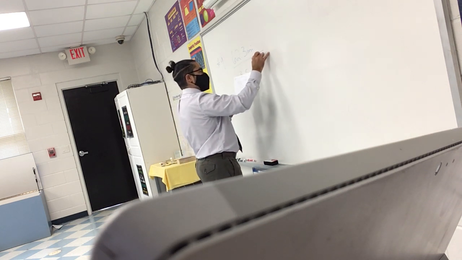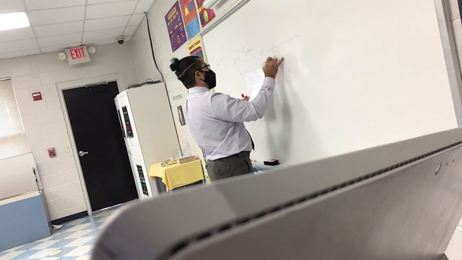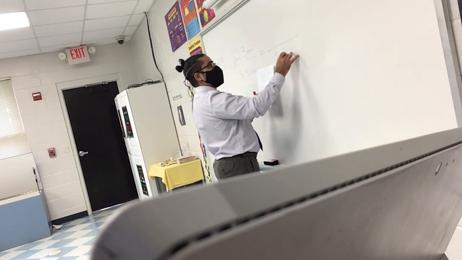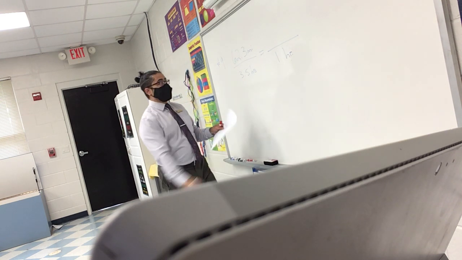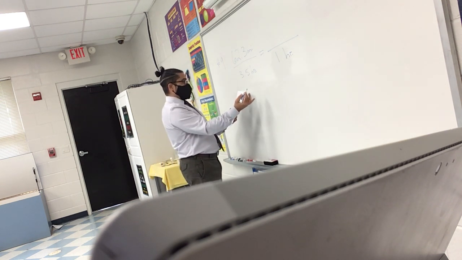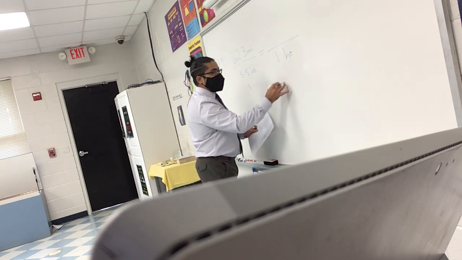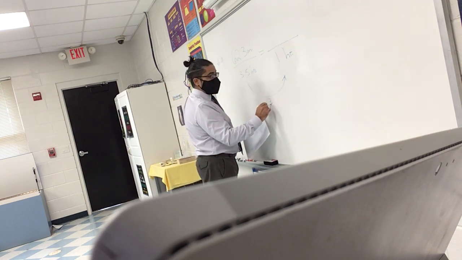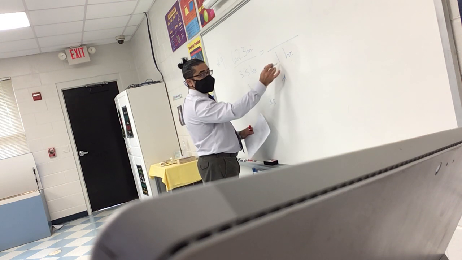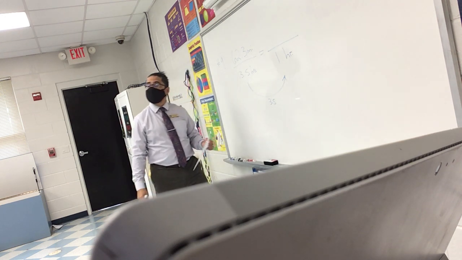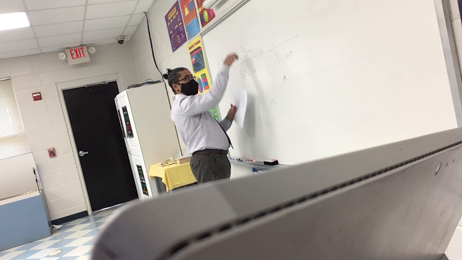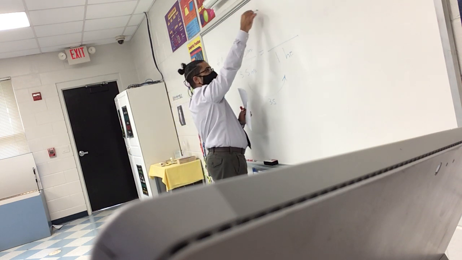But we're trying to figure out the distance hiked per hour. How do we do that? Well, when we divide 3.5 by 3.5, we get 1. Whatever we do to one part of this relationship, we have to do to the other.